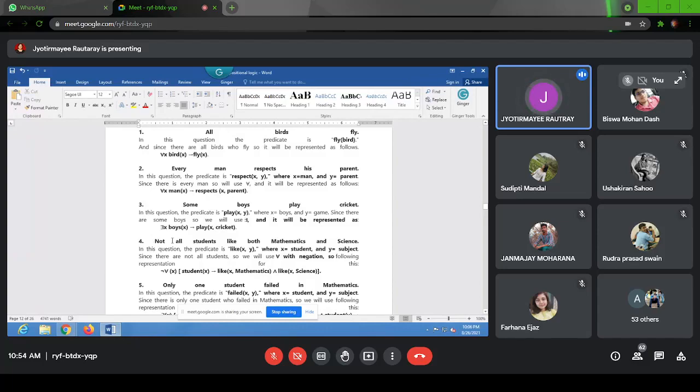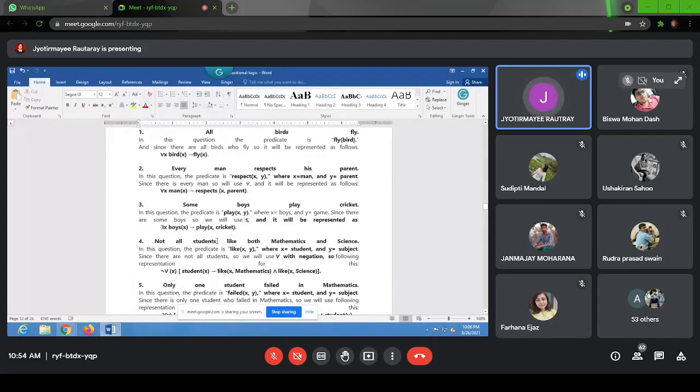Excluding this, you have the question: all students like both mathematics and science. Whatever the question is, you first have to identify which quantifier will be used and what the predicate is. Here the presence of all determines that you have to use the universal quantifier.